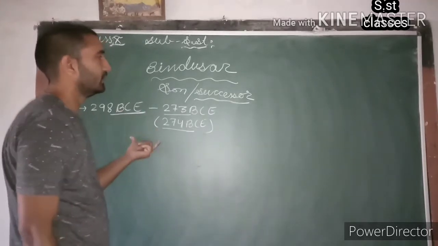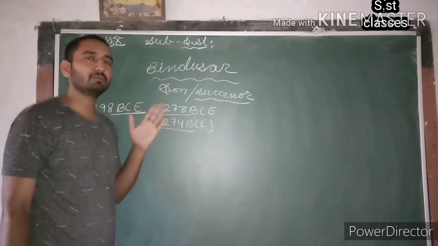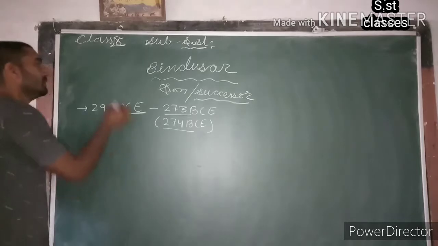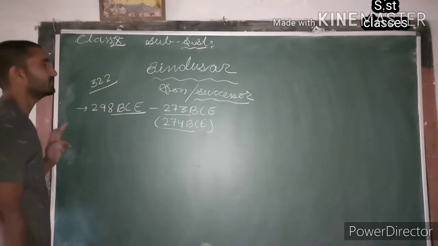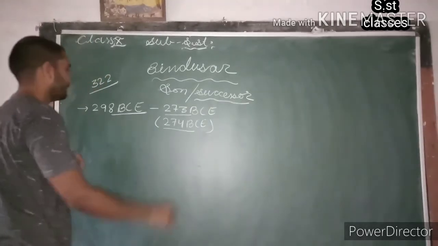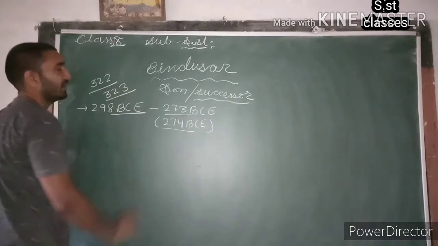When we were discussing Chandragupta Maurya, we discussed that he started the Mauryan dynasty in 322 before Common Era. But according to some texts, he started it in 323 before Common Era.